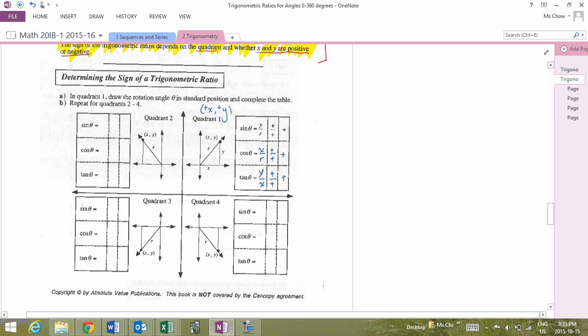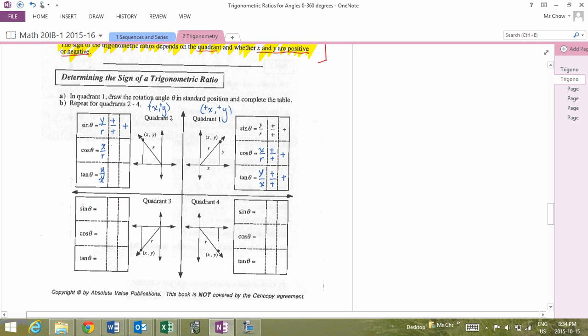If we go over to quadrant 2, what are we looking at? We know that we're now looking at negative x's and positive y. So when we've got sine of theta being y over r, cosine of theta being x over r, tangent of theta being y over x, well, our y is going to be positive, our r is going to be positive, and so then the sine ratio will always be positive in quadrant 2.